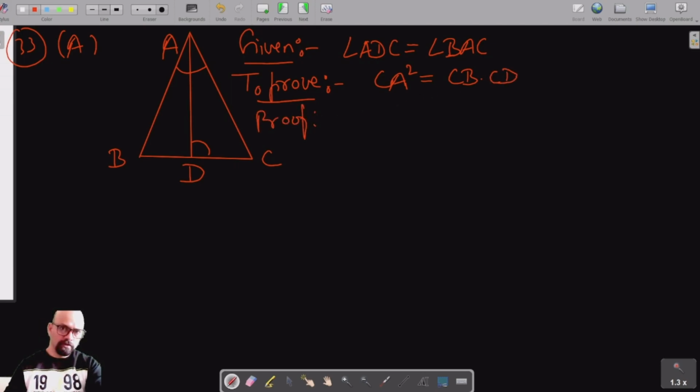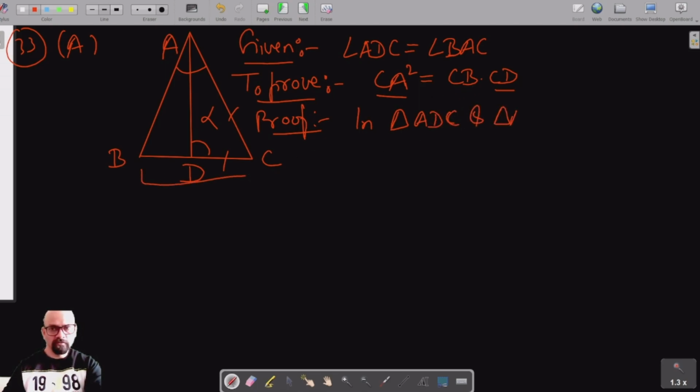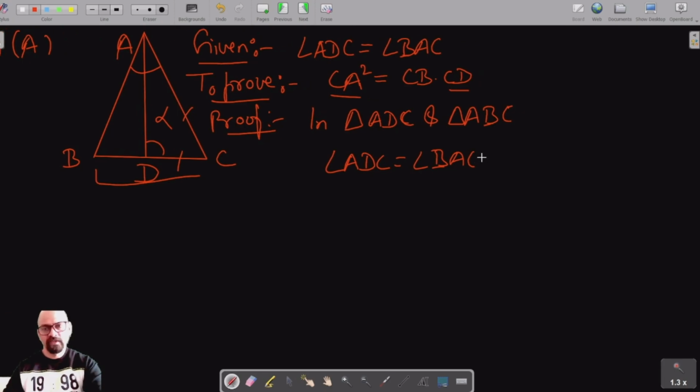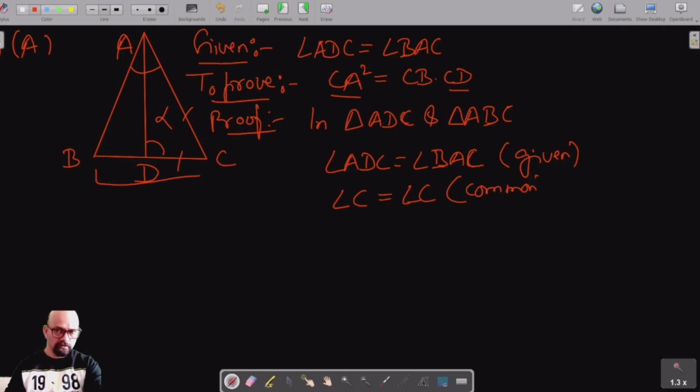Now let's prove that, and for that, CA and CD belong to triangle ADC, and CB belongs to triangle ABC. So we are going to prove that these two triangles are similar, and for that it's given that angle ADC is equal to angle BAC. This is given, and angle C is equal to angle C, which is common.